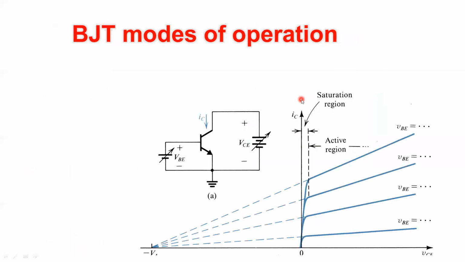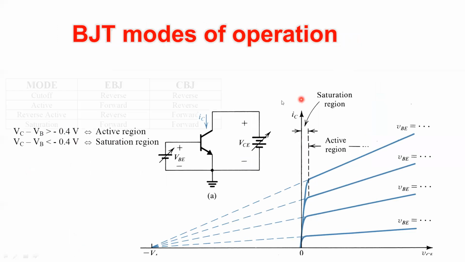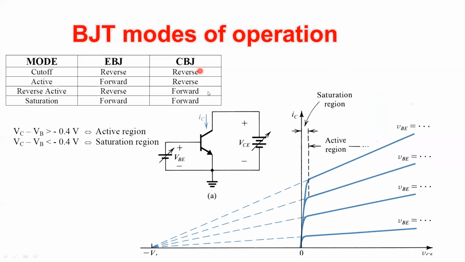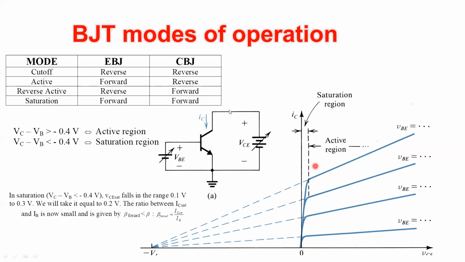Then we studied the IV characteristic curve. We distinguished between different modes: the cutoff, the active, and the saturation mode. The most important mode for us is the active mode, where we have one junction forward and the other reverse. However, we also understood what is meant by the saturation mode, when both junctions are forward, or the cutoff mode, when both junctions are reverse.